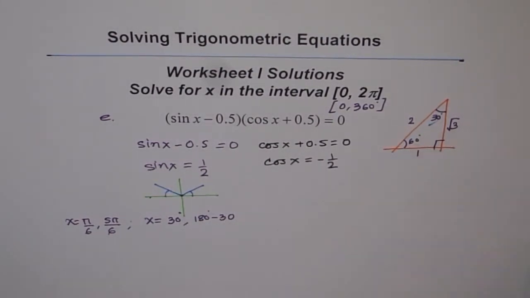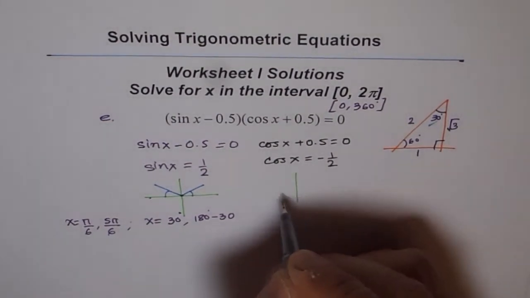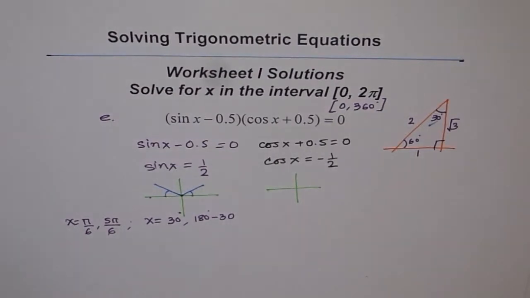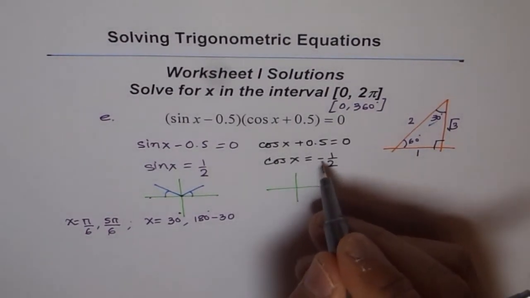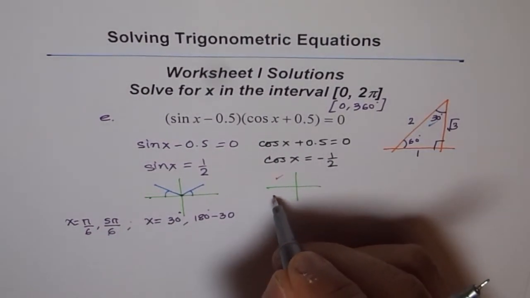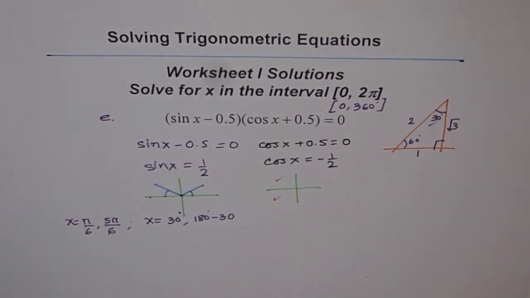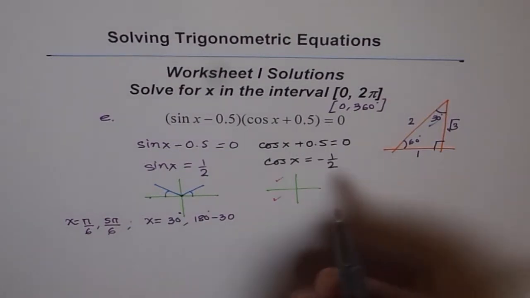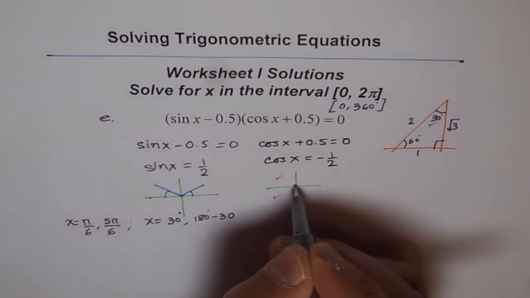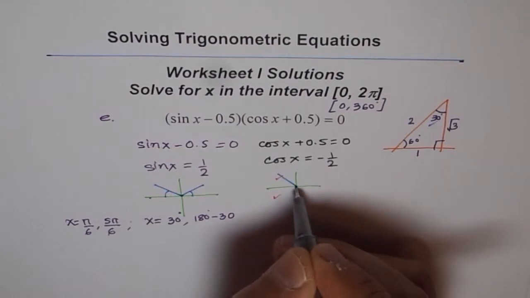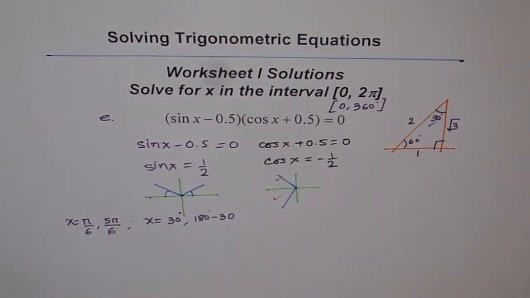It's good practice to draw your quadrants here. Since cos x is negative, we are dealing with these two quadrants. When we say 60 degrees, the solutions are these two: one 60 degrees here, the other 60 degrees here.